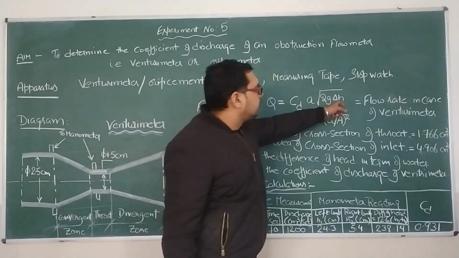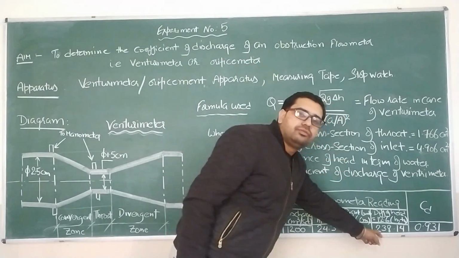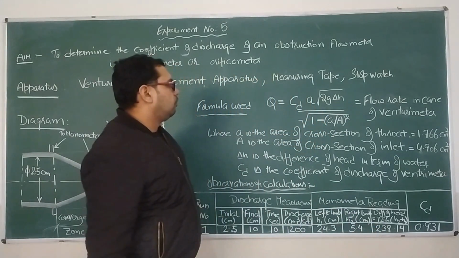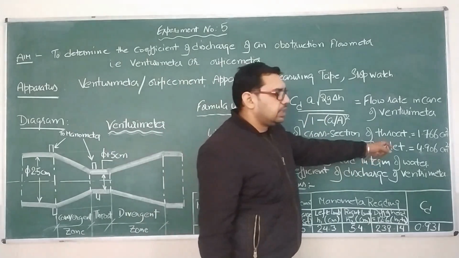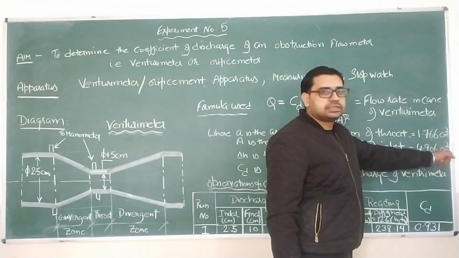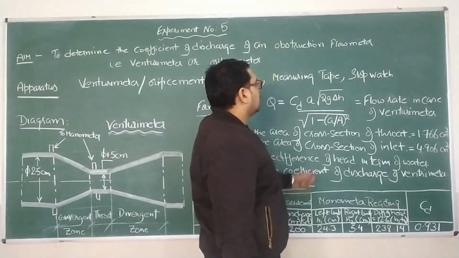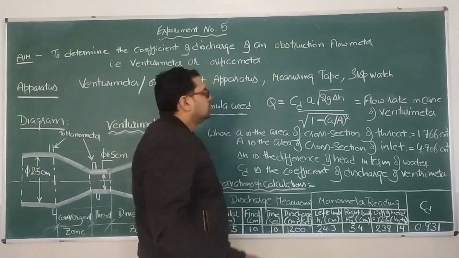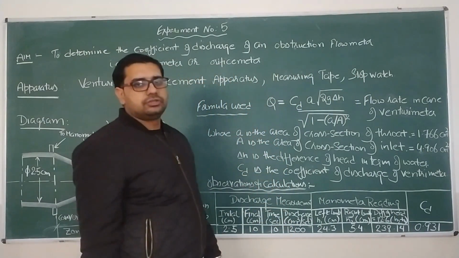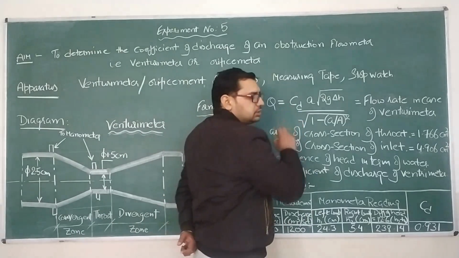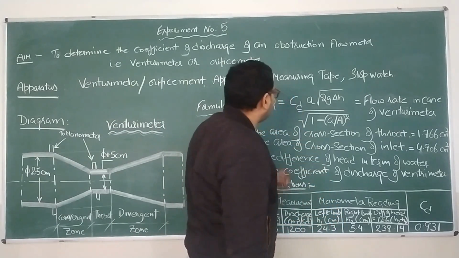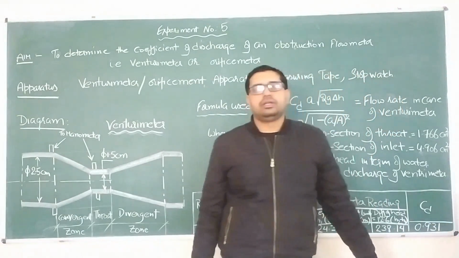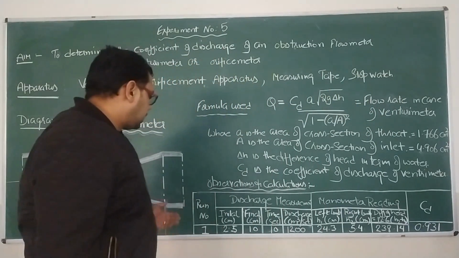Delta H is 238.14. Small a is 1.766 centimeter square, and capital A is 4.90 centimeter square. Substituting all these values, CD comes out to be 0.931.